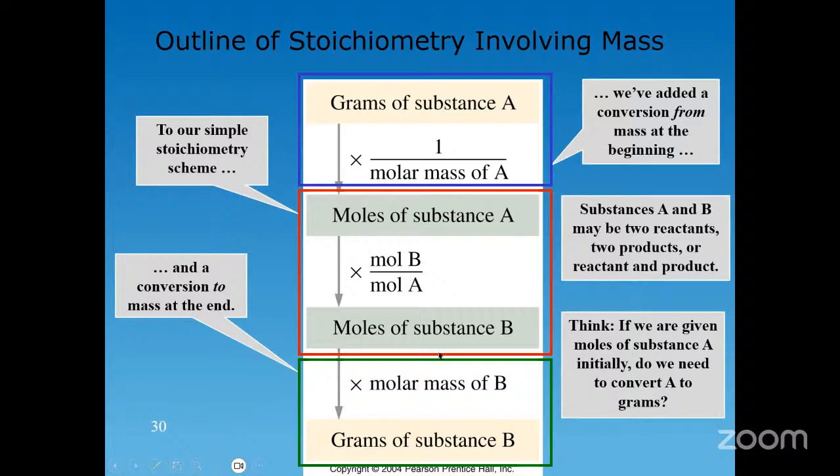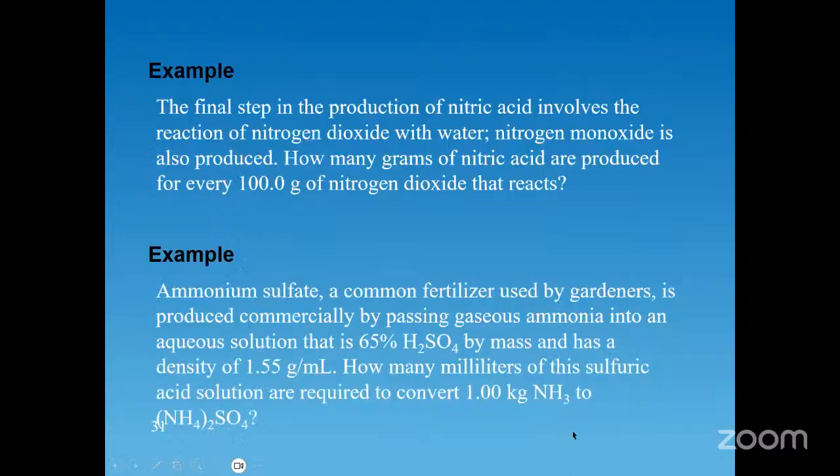Let's say the question is asking for the grams of substance B. Since you have the moles here already, all you have to do is the next step, where we convert from moles of A to moles of B by multiplying by this conversion factor, and then we follow that up with multiplying by the molar mass of B, and that will give you the mass in grams of B, all right? Okay, so that's basically an outline, and you're going to see this applied to problems such as these right here.